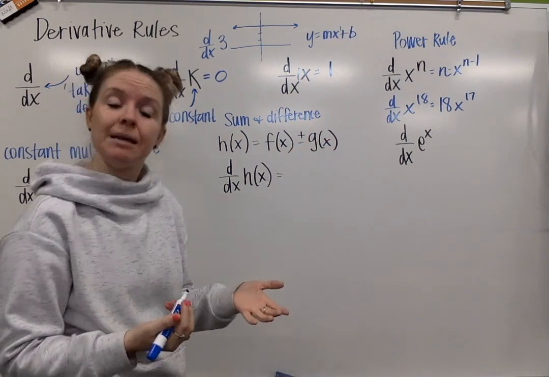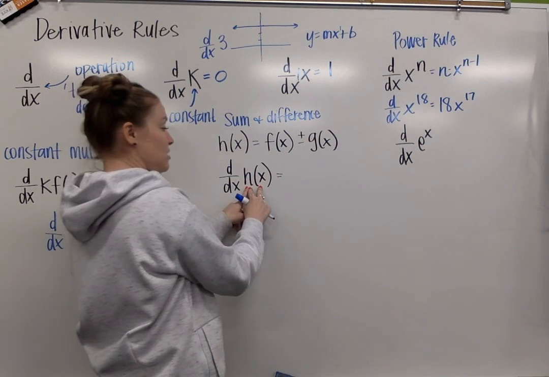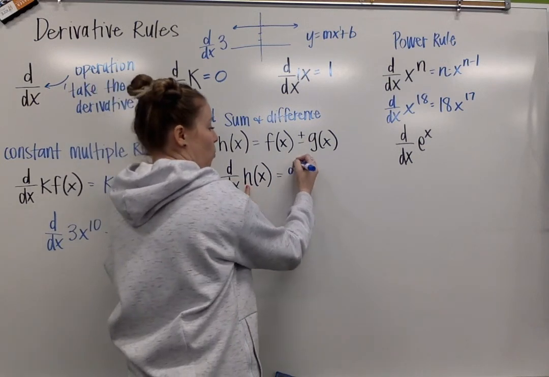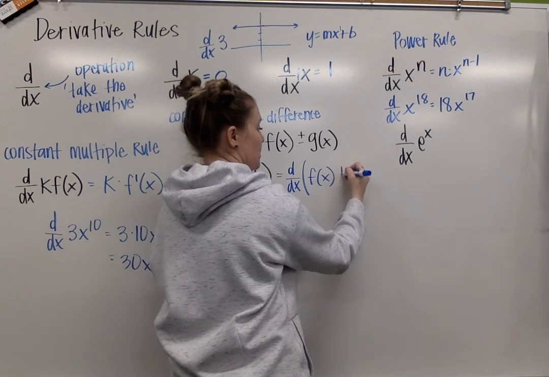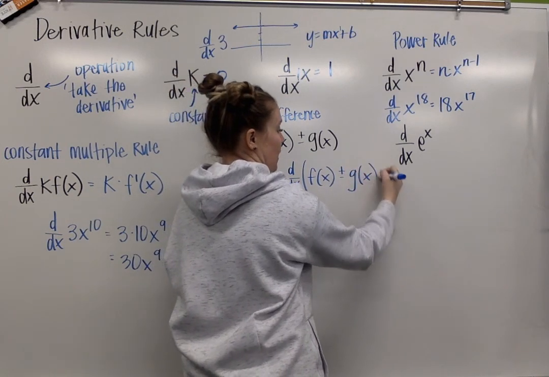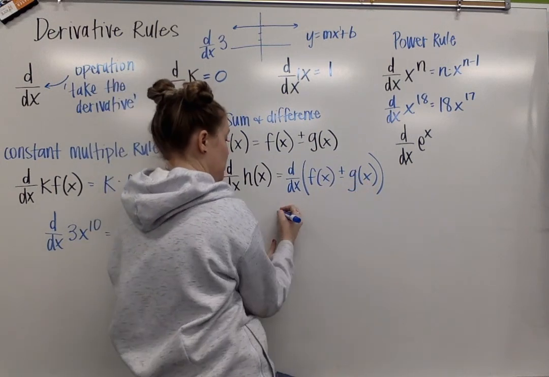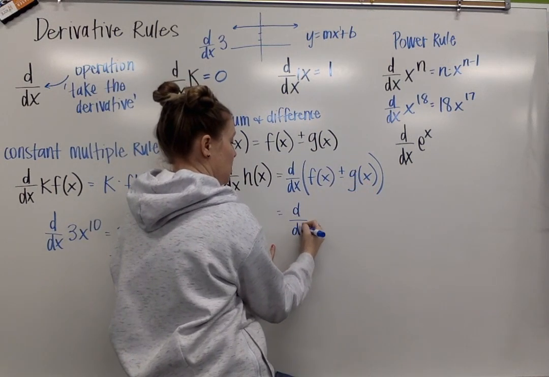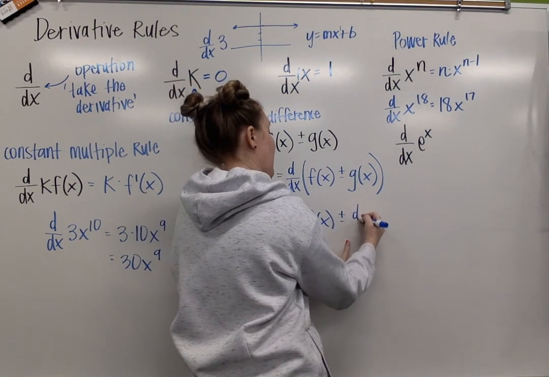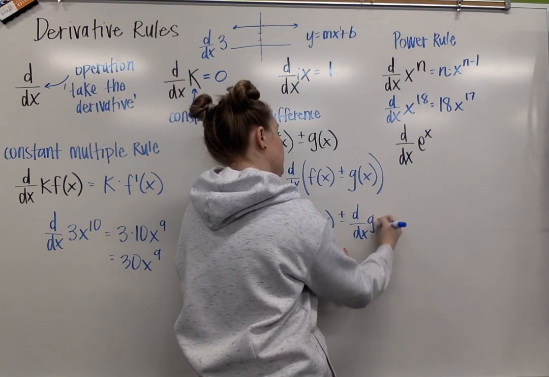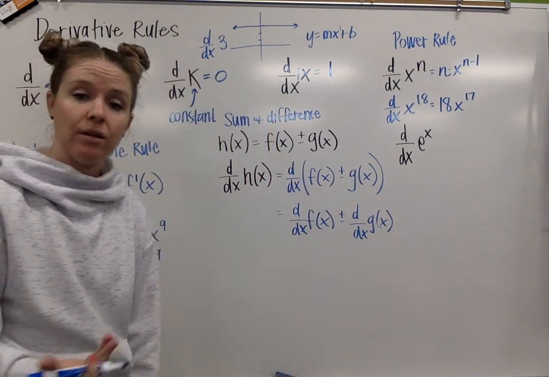I'm just using them at the same time because the same rule applies. So when I want to take the derivative of h of x, I'm taking the derivative of f of x plus or minus g of x. I could do this individually, so I could split this and take the derivative of f of x by itself, and then take the derivative of g of x by itself. It's going to give me the same solution, right?